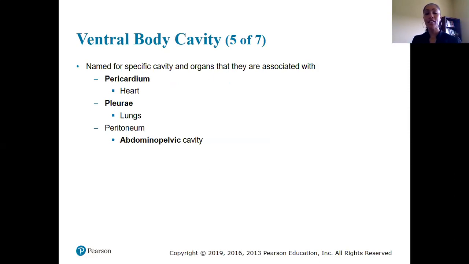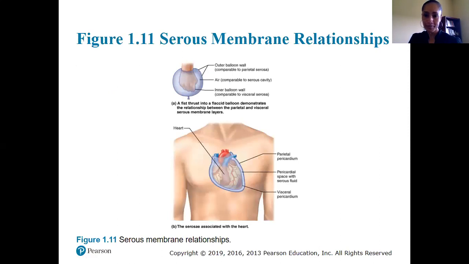If we're talking about the serous membranes that are going to cover the pleural cavity and cover the lungs, then we call those serous membranes pleura. And then representing the abdominopelvic cavity, we call those serous membranes peritoneum. And when I was learning it, I said, okay, this makes sense. The name of the serous membranes is very similar to the name of the body cavities associated with those structures.